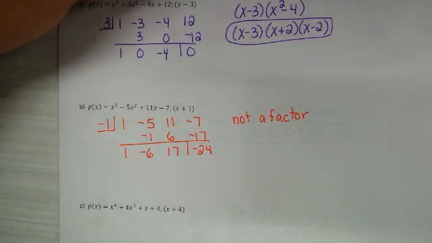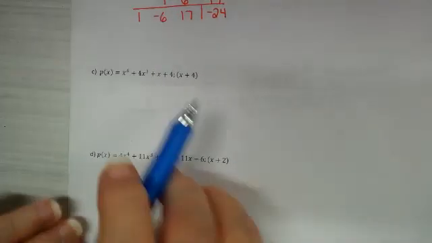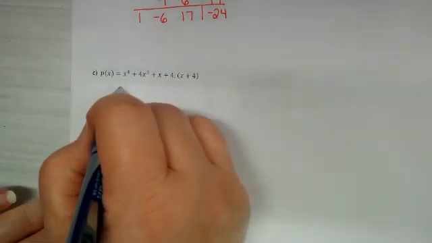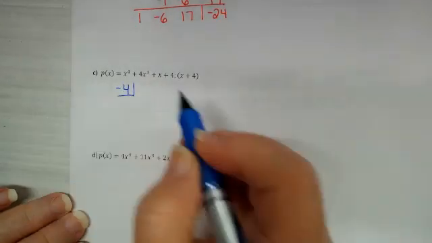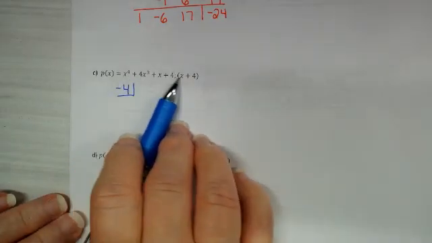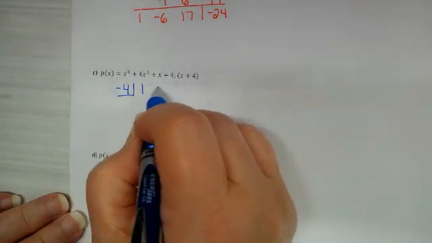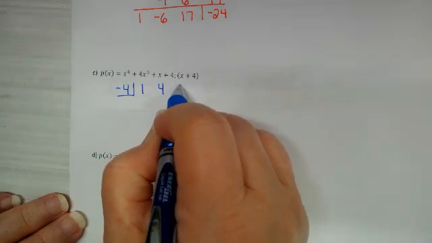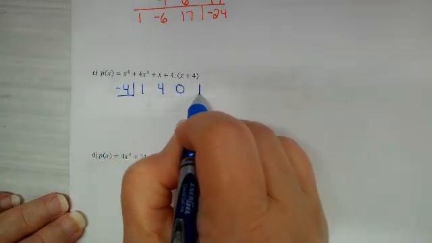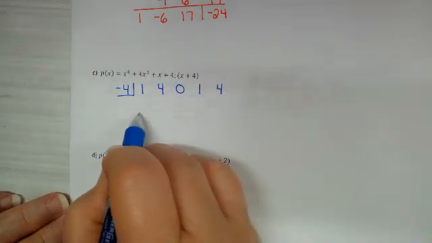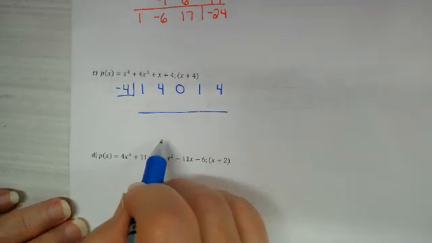All right, let's try letter C. The 0 of my factor. Now I'm missing an x squared, so I'm going to put a 0 in its place. X to the 4th, x to the 3rd, there is no x squared, x to the 1st, and my constant. Here goes.